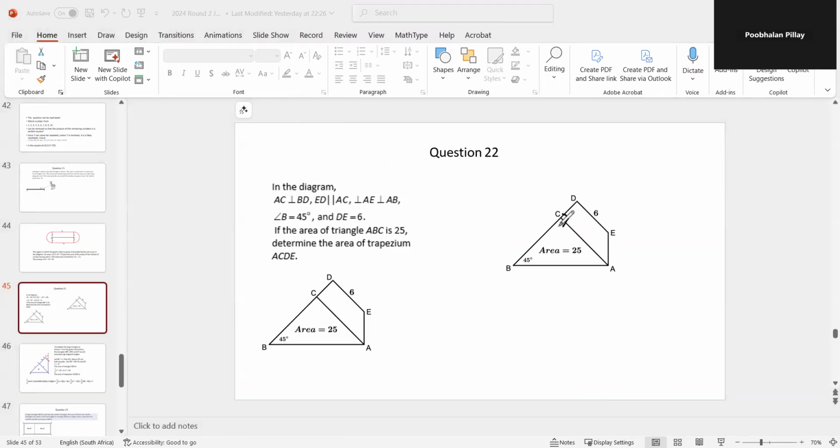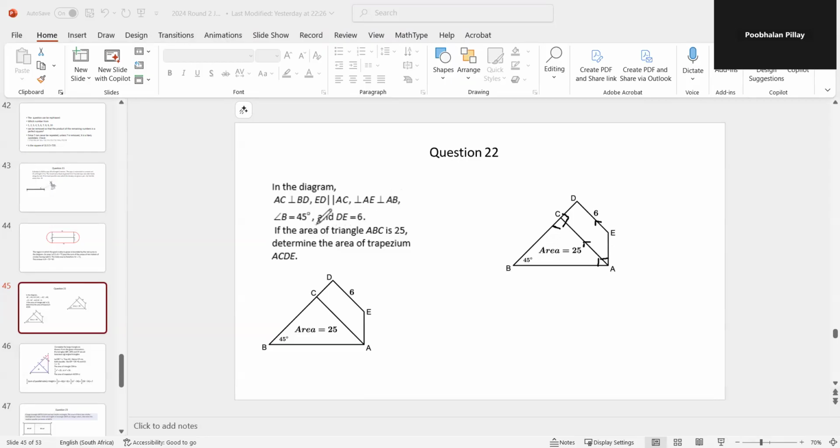Let's make this here 90 degrees. Okay. ED is parallel to AC. So you have, okay, these are parallel, ED and AC. And you have AE is perpendicular to AB. AE perpendicular to AB. So this is 90 degrees, yeah?